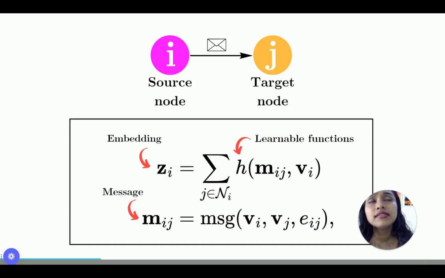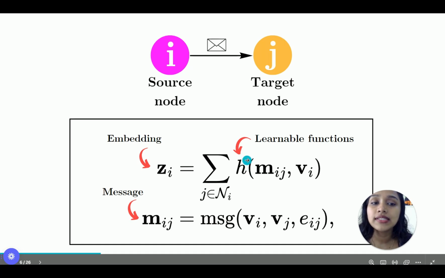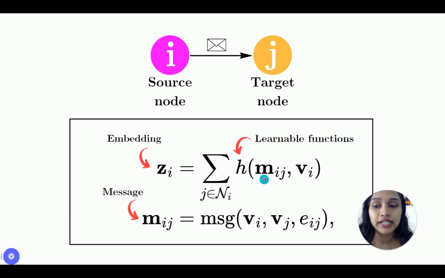Now this message function can be as simple as a linear transformation, and h is also a learnable function. h is a function that aggregates the messages from all the neighbors of i and updates this node i's embedding. zi is the embedding of node i.